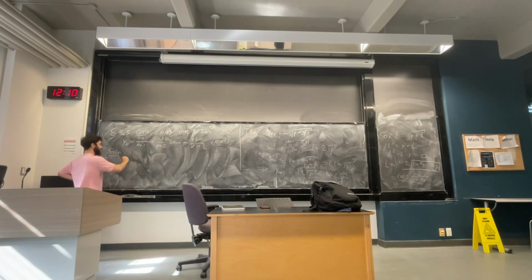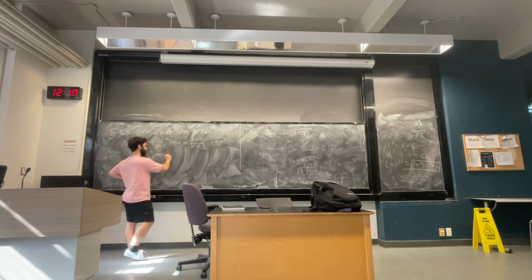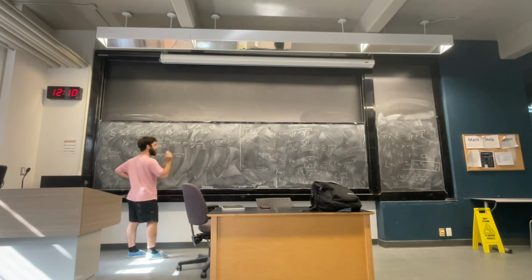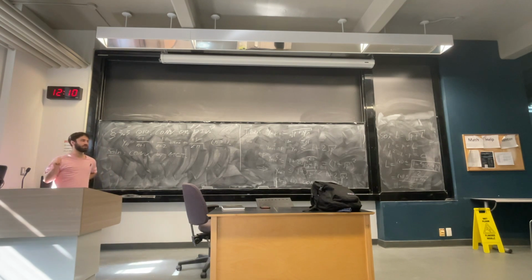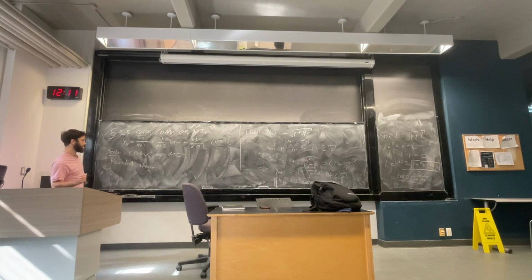So this converges by the monotone convergence theorem. Two things to do: show it's bounded above and show it's increasing. So let's do bounded above. This is a kind of fun argument.